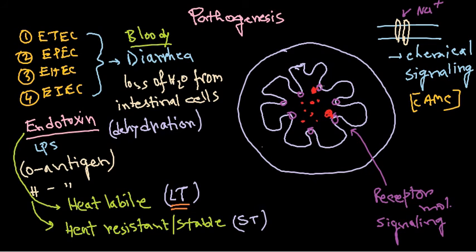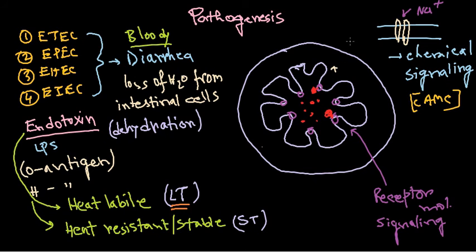As a result of that, in the internal region of these villi cells, what we can see is a rise in adenylate cyclase, which is an enzyme. So let me talk about it.